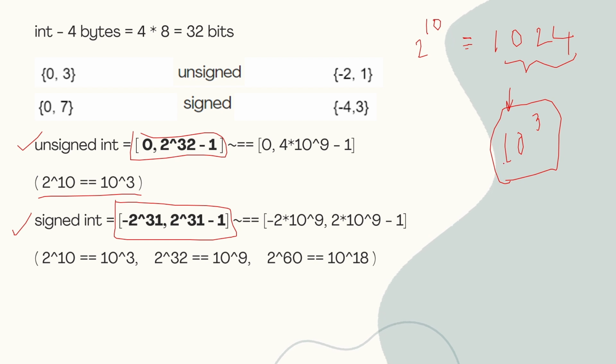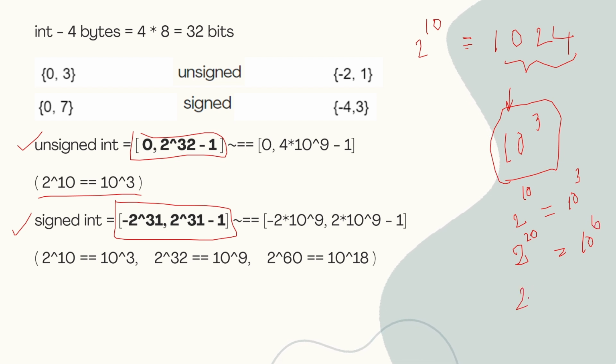That means if 2 power 10 is nothing but 10 power 3, then 2 power 20 is how much? Simple, 10 power 3 whole square. 2 power 20 is 2 power 10 square, and 2 power 10 is 10 power 3, so 10 power 3 square is 10 power 6.